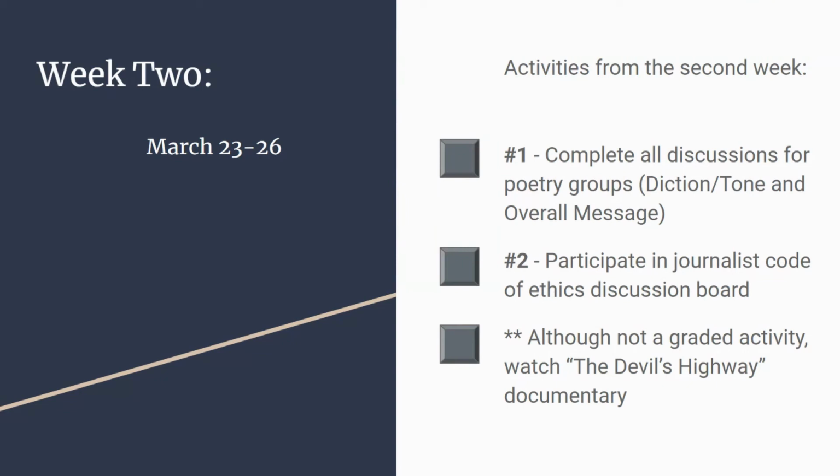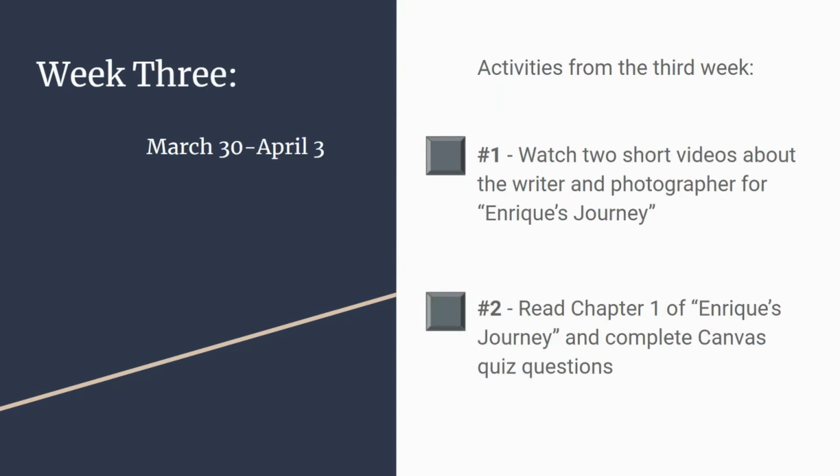The second activity was to participate in the Journalist Code of Ethics discussion board, which many of you have done. Some of you haven't quite gotten in there yet. And then it wasn't a graded activity, but I did want you to get some background information on what we were going to be reading about. So there's a video documentary called The Devil's Highway that was in there for week 2.